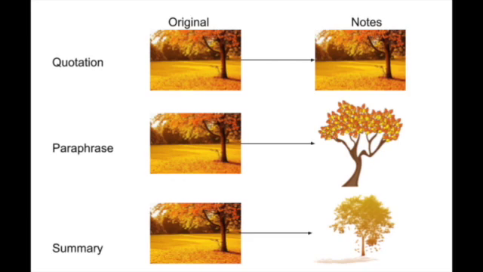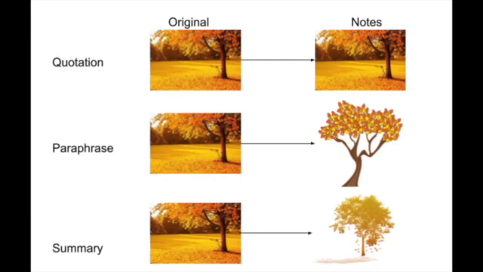So what is the difference between a quotation, a paraphrase, and a summary? As you can see in the image, a quotation is a direct copy of the original, in which case it is really important to state where the information came from. For instance, in this case, you would be describing the tree the exact way it is described in the text. For a paraphrase, you are putting it in your own words, but you are still using information.